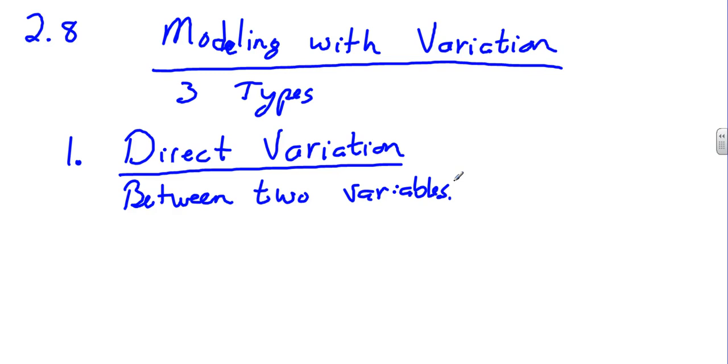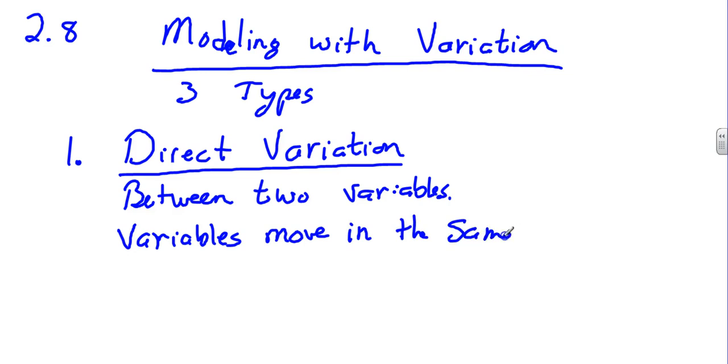Like right now, when the price of corn goes up, gas prices go up because we're putting corn in our gas. And you flood the market with iPhones, and the price of iPhones tends to drop because there's tons of them out there. So that's your direct variation, is that the variables act the same way. We'll just say that the variables move in the same direction.